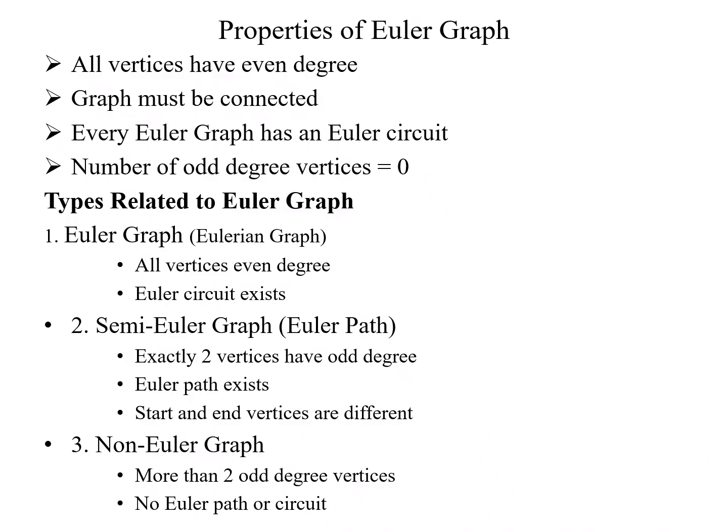The second is a semi-Euler graph, where exactly two vertices have odd degree and an Euler path exists. And third one, non-Euler graph, where more than two vertices have odd degree. In this case, neither an Euler path nor an Euler circuit exists.